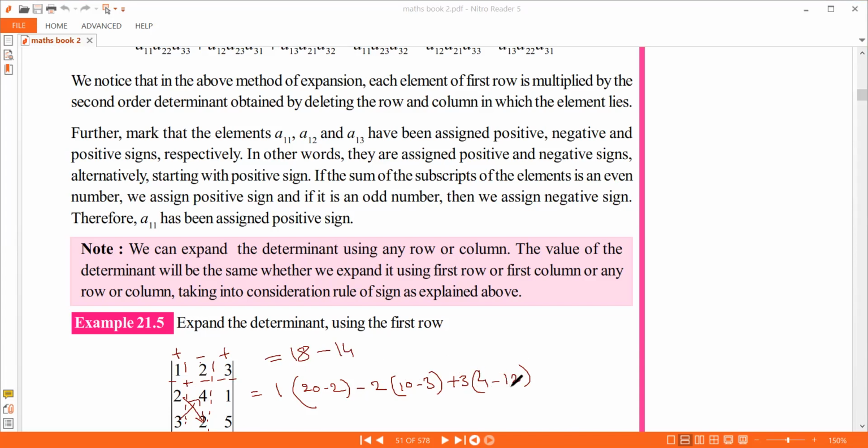And 3 times minus 8 is minus 24. So 18 minus 38. That is negative 20. That's the answer.